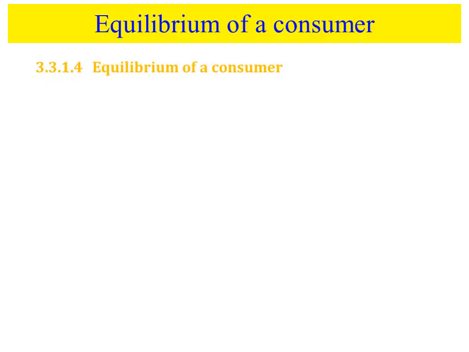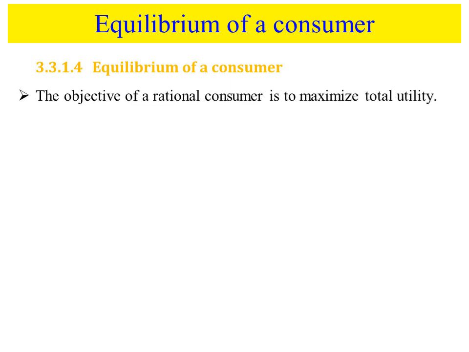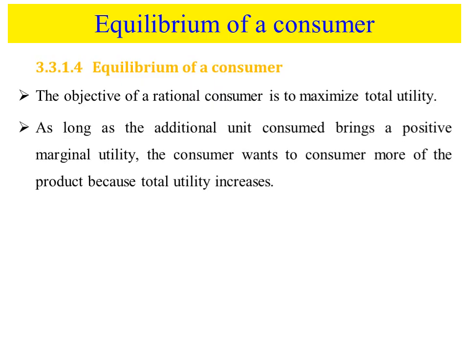Equilibrium of the consumer. The objective of a rational consumer is to maximize total utility or total satisfaction. As long as the additional unit consumed brings a positive marginal utility, a consumer wants to consume more of the product because total utility is increased.